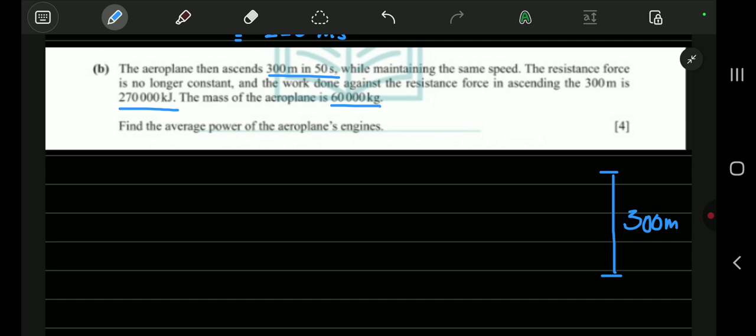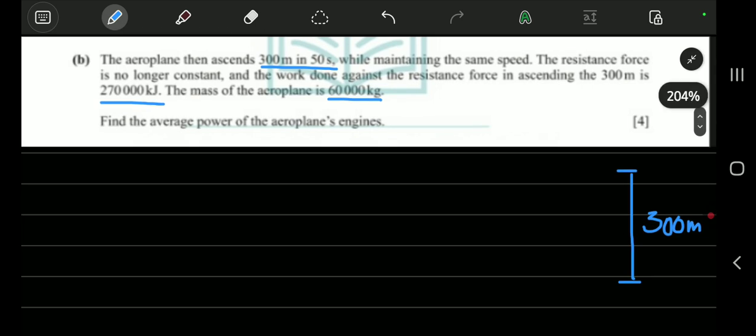Okay, so in these type of questions, what we normally do when there is work done attached, there is mass, work done against friction or resistance. The best way to do this is to use the conservation of energy.